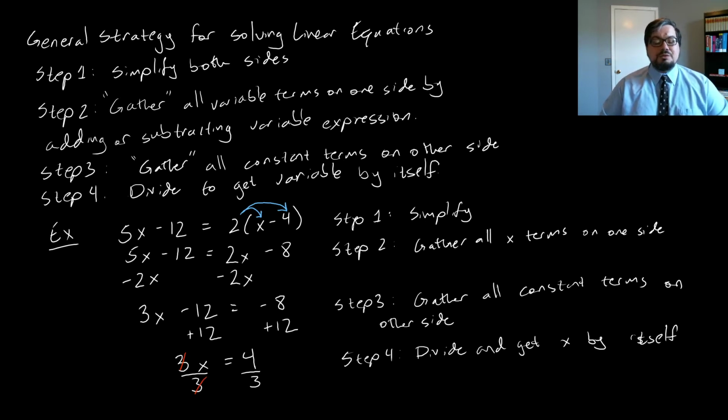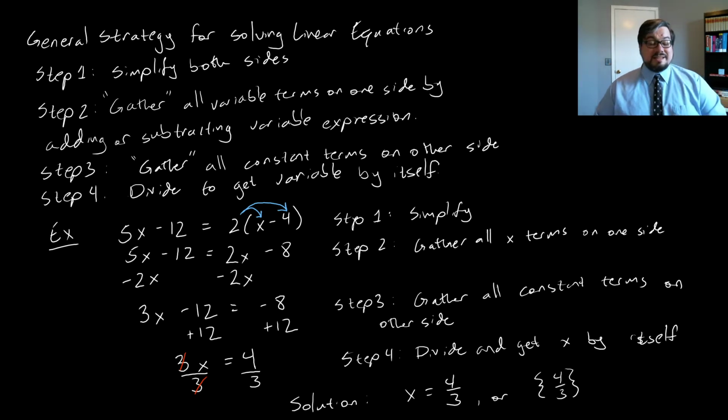We would reduce the fraction on the right if it could. In this case, it can't. And so we're left with a solution of x equals 4/3. We can have the solution set be the set containing the single element 4/3.